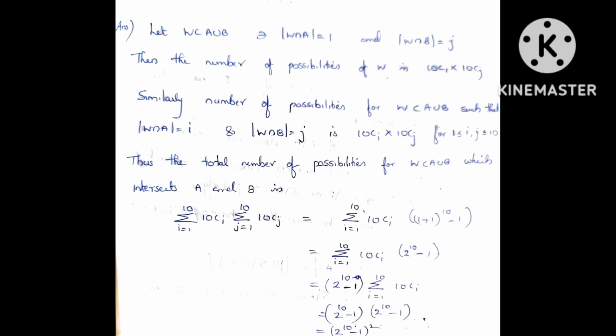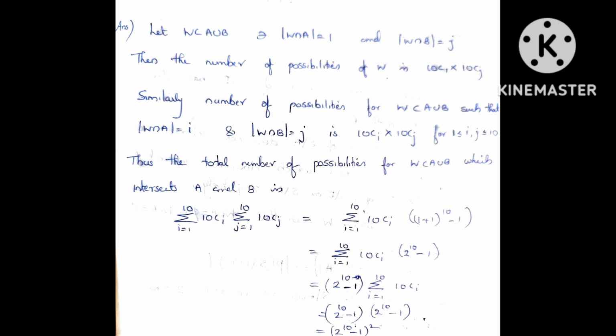Since the cardinality of A is equal to 10, we can choose a one-element set from A in 10C1 ways, and J-element subsets of B in 10CJ ways. So the number of possibilities for W subset of A union B such that W intersection A contains one element and W intersection B contains exactly J elements is 10C1 into 10CJ.